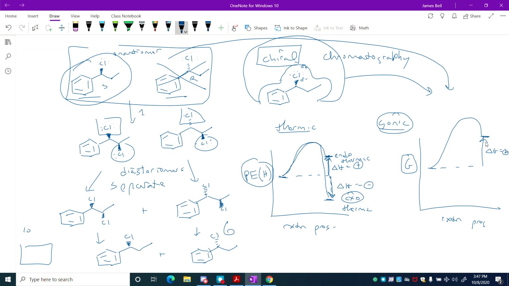And I know that this reaction will favor the reactants, will be non-spontaneous under standard conditions. Alternatively, if the reaction produces products that are lower in free energy than the reactants, then I have a negative delta G. And that's exergonic, and that's product favored. So that's what I want if I'm trying to specifically make products. I want to find a reaction that I know will produce mostly products when it gets to equilibrium.